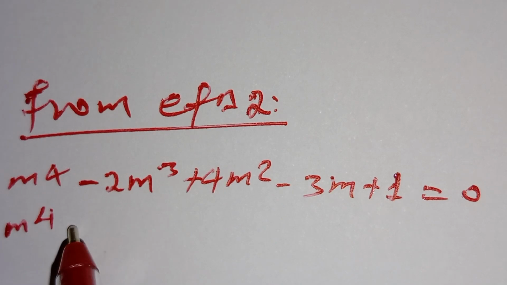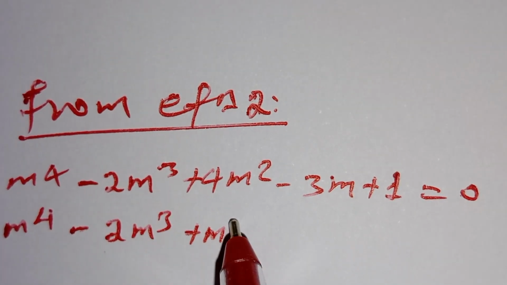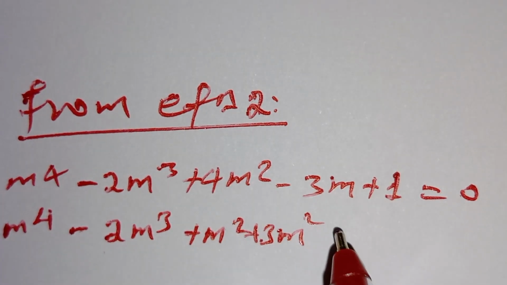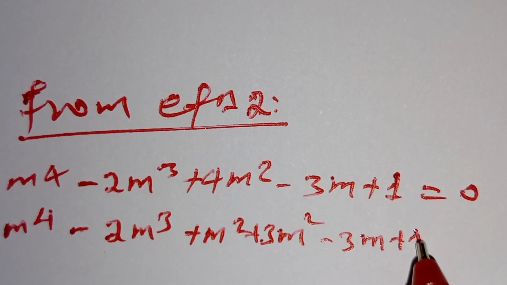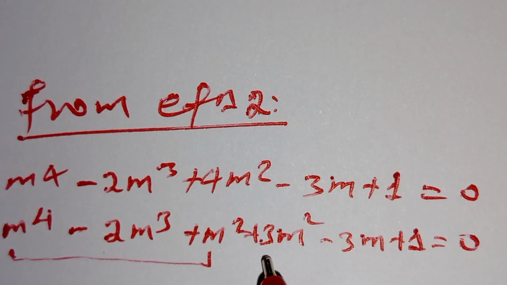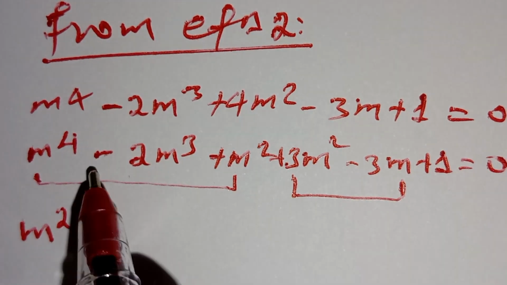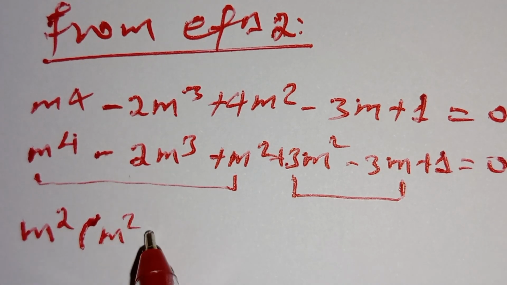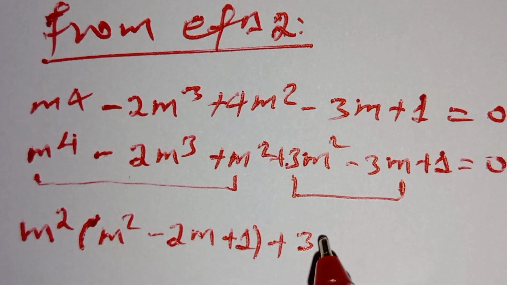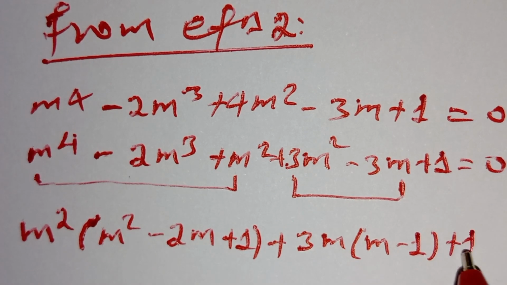m4 minus 2m3 plus m square, and this 3m square minus 3m plus 1 is equal to 0. Take this part and this part: m square common for this part, m square (m square minus 2m plus 1), plus common 3m into (m minus 1) plus 1 is equal to 0.